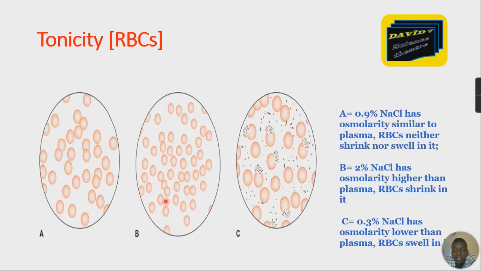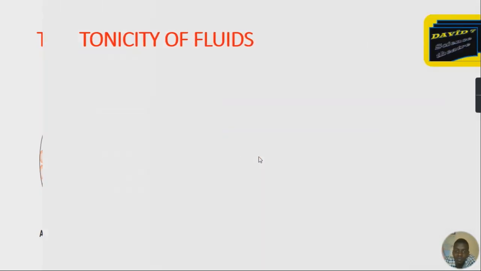They are shrinking because the solution is hypertonic; water is getting out of these cells into the surrounding solution. When you place them in solution C, which is hypotonic, water will move from the solution into the red blood cells and they swell, okay, and burst. So that is the difference.